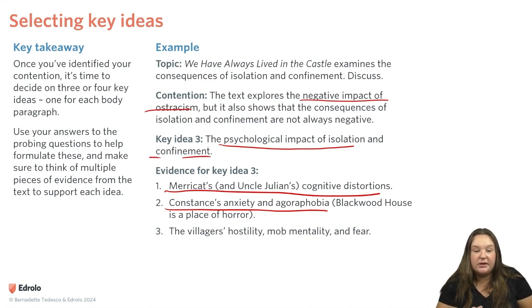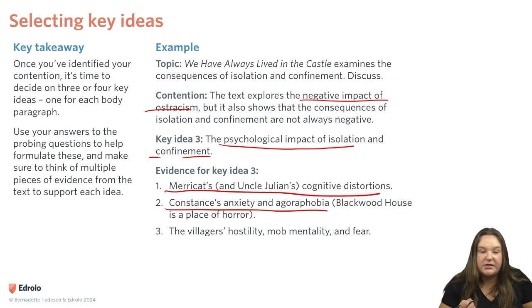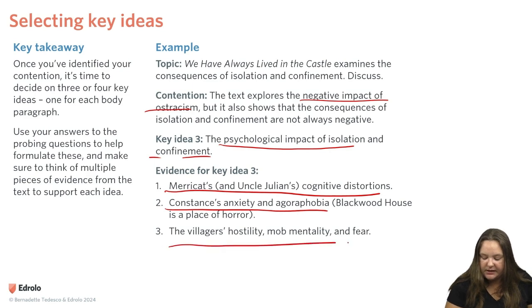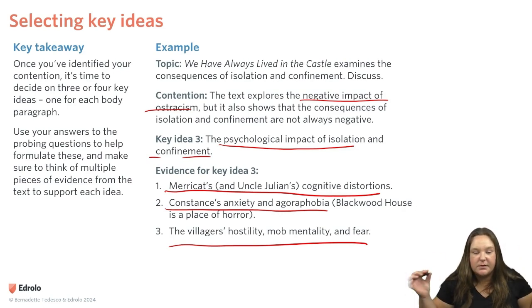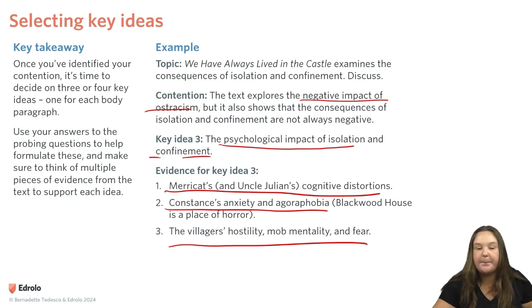And for this situation, the Blackwood house moves from being a sanctuary to almost a place of horror and fear, that she's afraid of leaving that space. And then we also have the villagers' hostility, that mob mentality and fear, as an example of the villagers succumbing to the psychological impact of being isolated from the rest of the world. They turn into a mob that fears anything that's different within them.